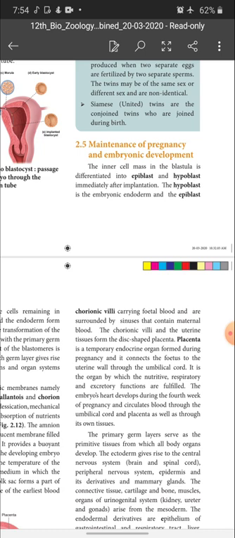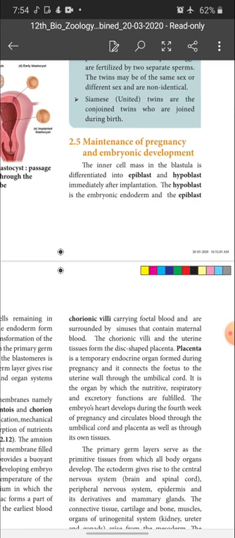Till implantation, I discussed with you. Now I am going to discuss the maintenance of pregnancy and embryonic development. After the attachment, how does the maintenance of pregnancy take place and what are the stages of embryonic development? The inner cell mass in the blastocyst is differentiated into epiblast and hypoblast immediately after implantation.